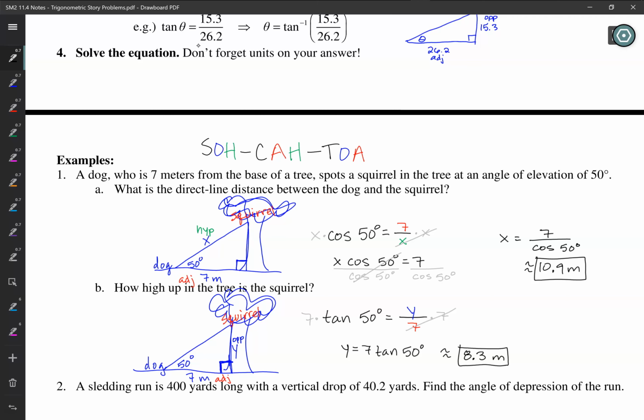So those are problems like you would have seen on the 10.3 assignment. All right, let's look at the next problem.